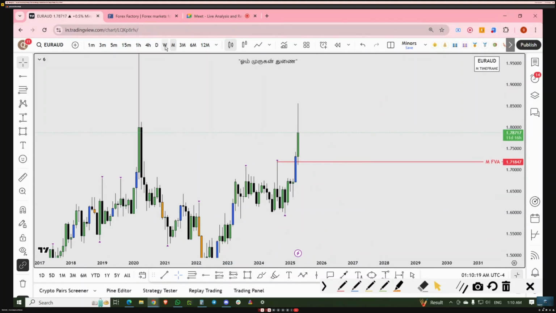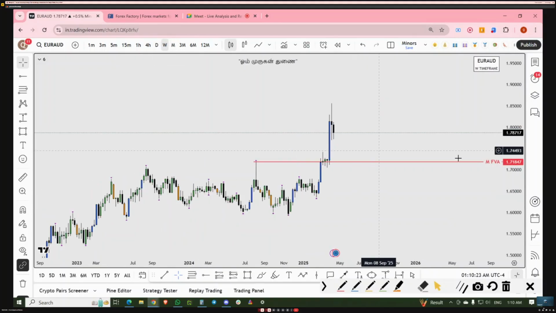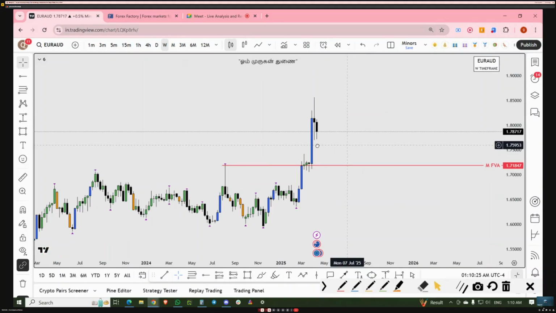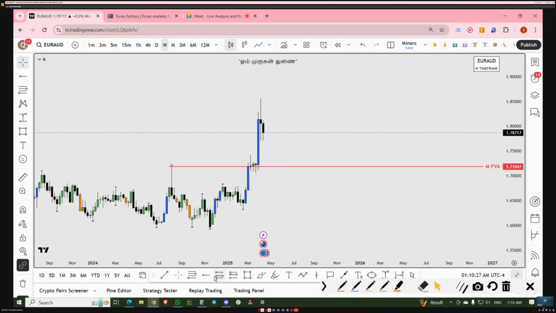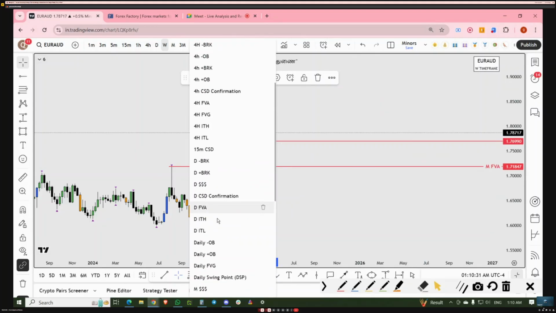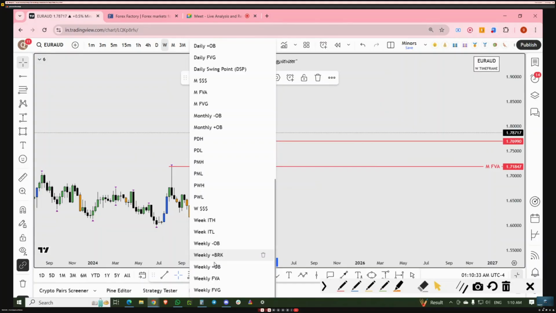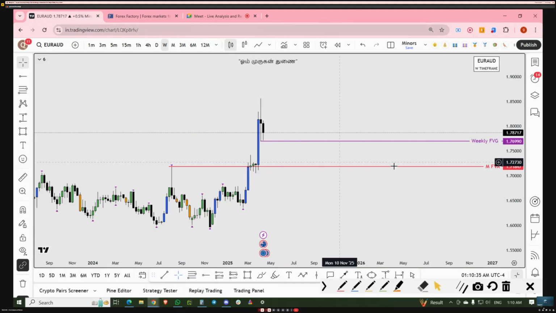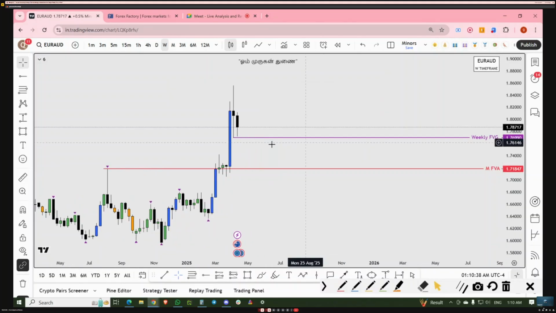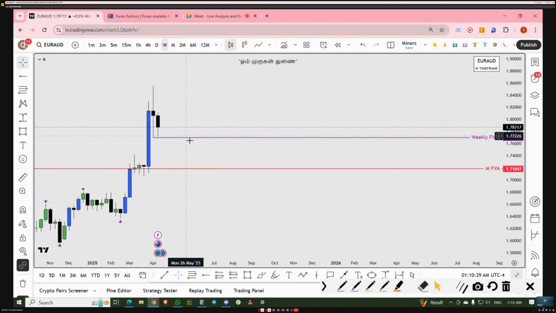Right. Now we need to go to the weekly time frame. Let's see what we can clearly see in the weekly time frame for us. We have a weekly FEG, right? Yes, a perfect weekly FEG, and the current price is here.